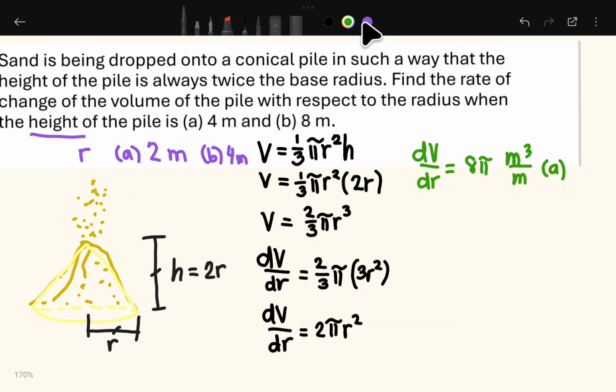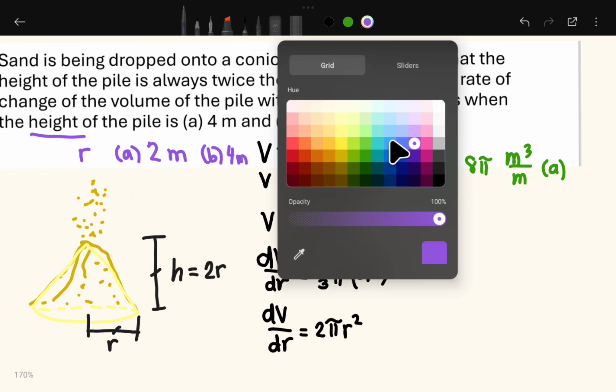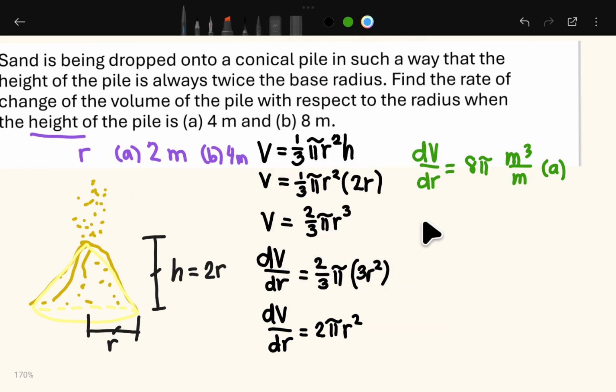And for letter B, the rate of change of the volume will be 2 pi times 16, that is 32 pi cubic meter per meter.